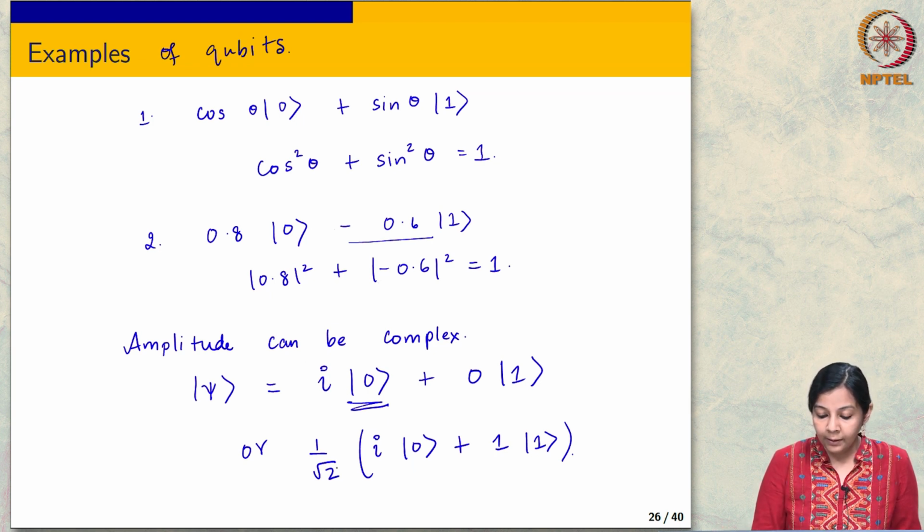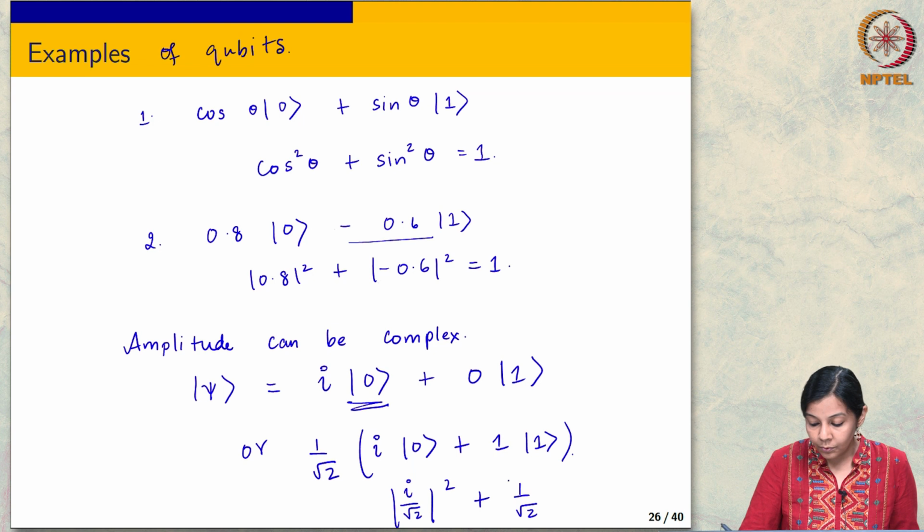In the second one you can check that the normalization holds. So i over root 2 the whole squared plus 1 over root 2 the whole squared is nothing but half plus half, which is 1.